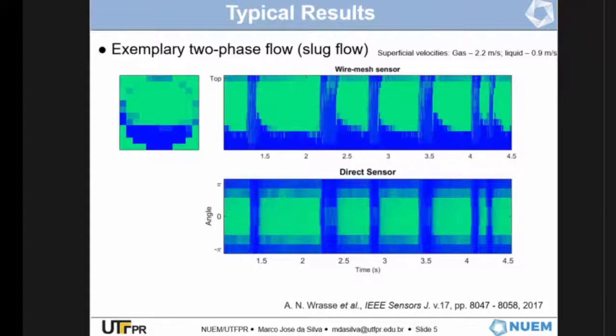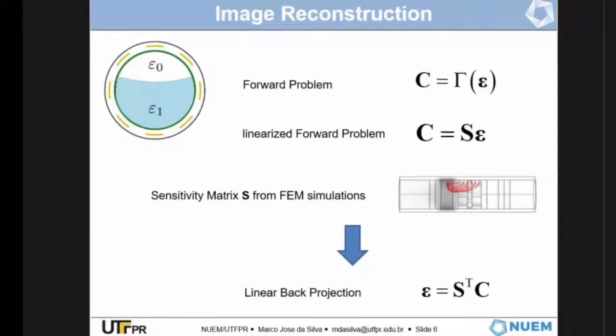So just to give an idea, that's a cross-sectional image, and if you cut the flow in the middle, the axial cut of this flow, you would see what we call slugs. And this is what the sensor represents, basically a kind of planification of the pipe with what we are seeing. That's the work done so far.